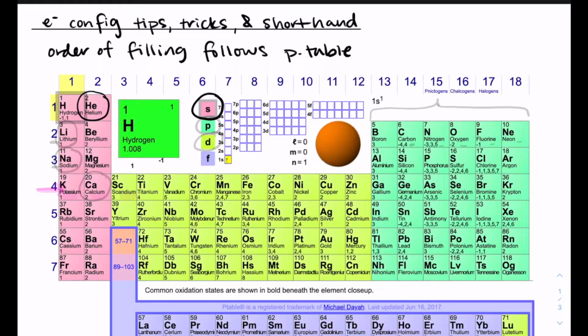So what I like to do, and as you can see here labeled, the green block is labeled as the P block. So count the number of columns that are in green. There are 6. And you can fit 6 electrons in the set of 3 p orbitals at each level.